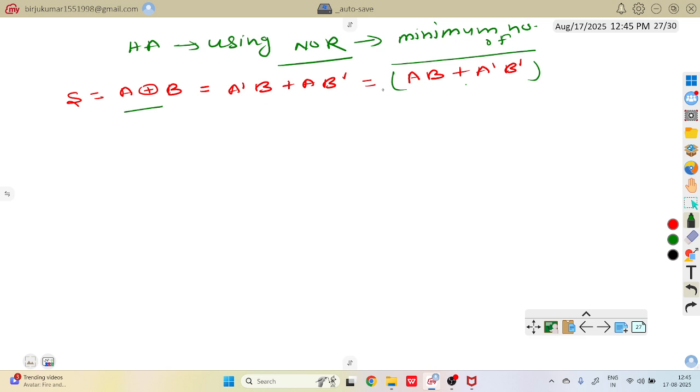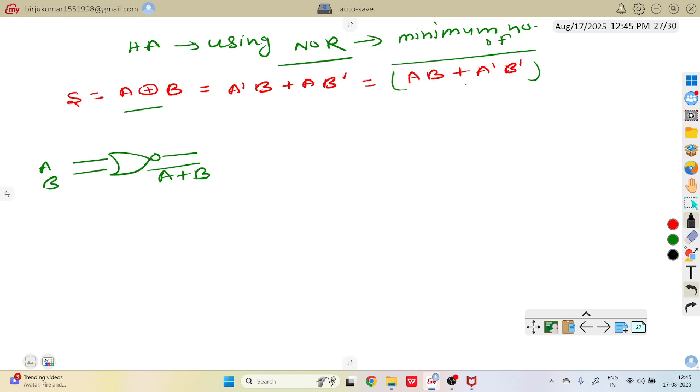In the earlier part, I hope you already watched the previous video, I explained that if you want to make the AND gate, we will need three NOR gates. The NOR gate symbol is like that. This is the NOR gate, and this is the expression A plus B whole bar.